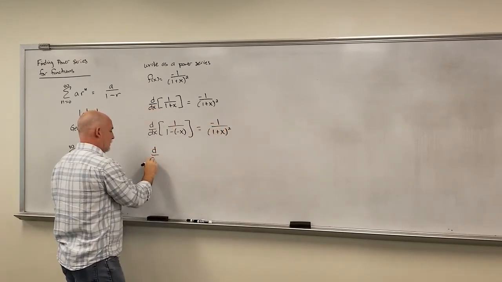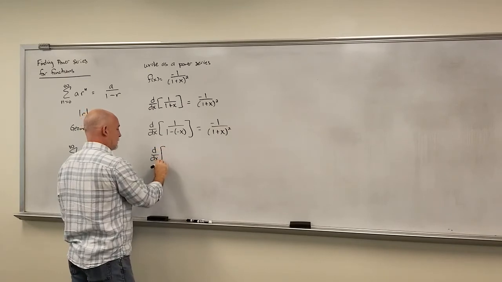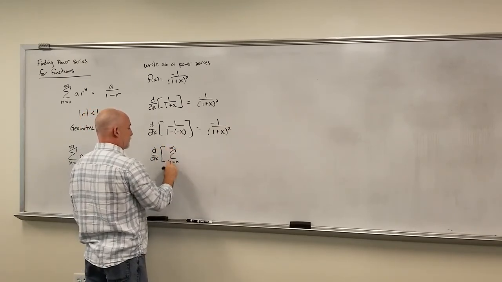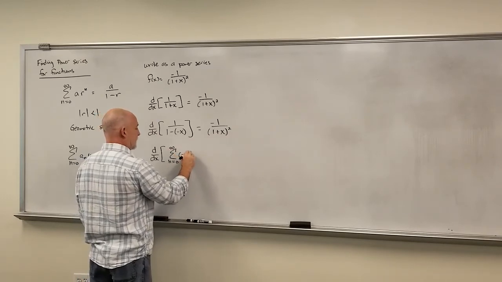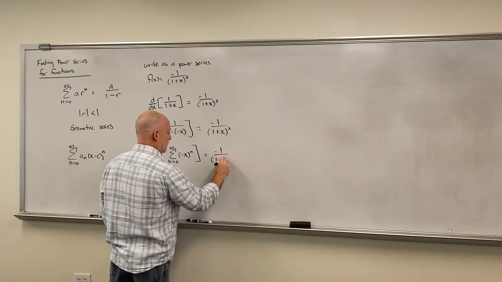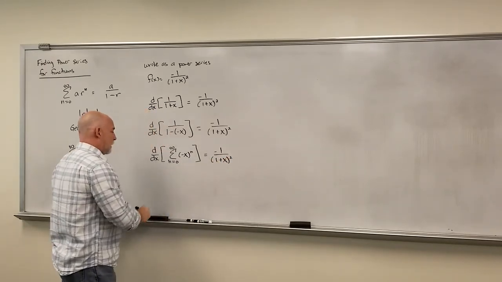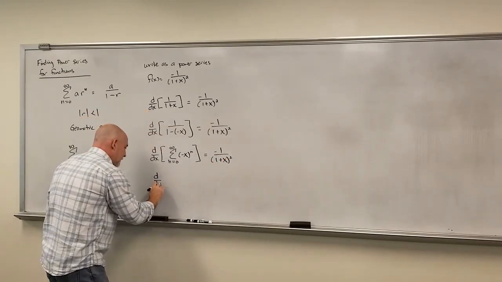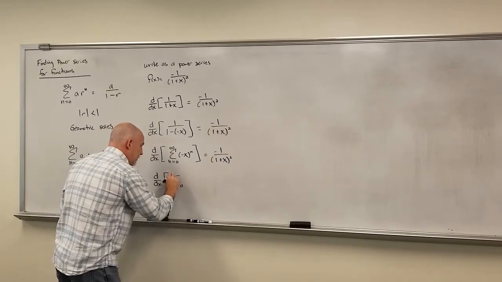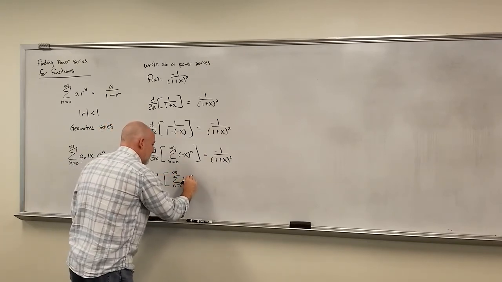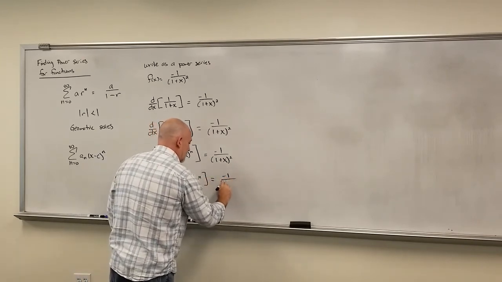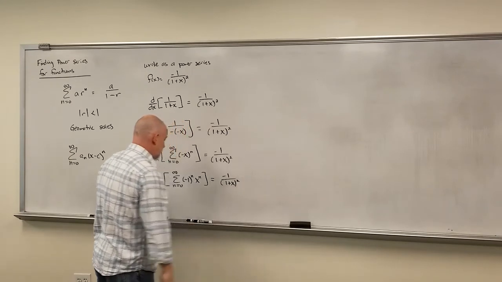So the derivative with respect to x, what's this going to be? Well, that's going to be the sum n equals 0 to infinity, negative x to the n, and I'm going to rewrite that so it's kind of in our power series form. N equals 0 to infinity, that's going to be negative 1 to the n, x to the n, negative 1 over 1 plus x squared.